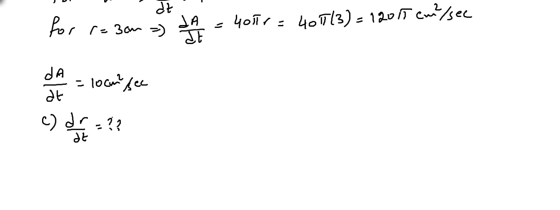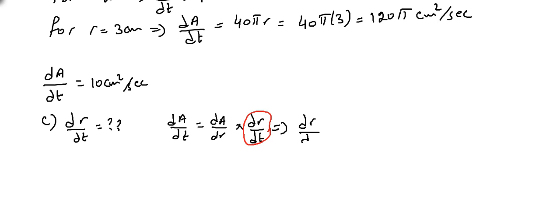Again, chain rule. dA/dt is equal to dA/dr times dr/dt. We need to find dr/dt, and we have dA/dt, it's given. So dr/dt simply is equal to dA/dt over dA/dr. dA/dt is given as 10, over dA/dr.